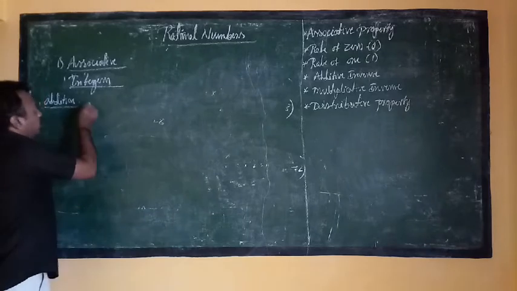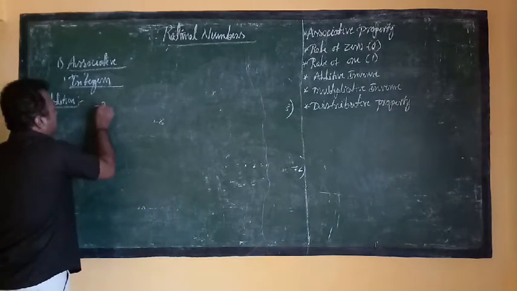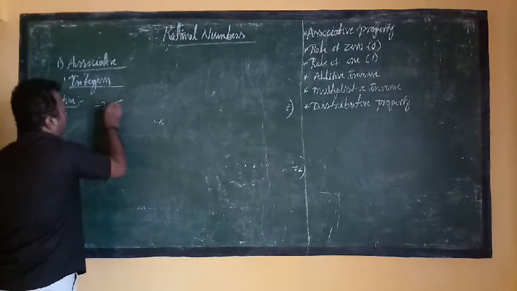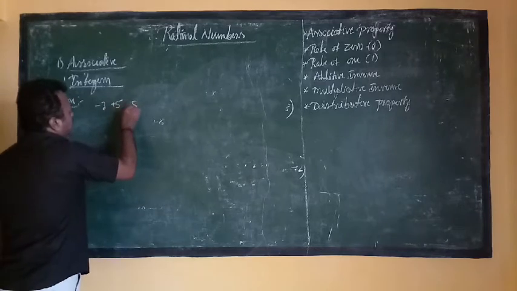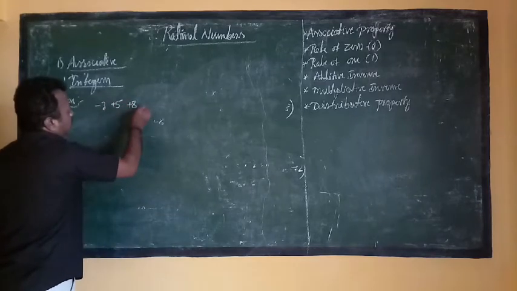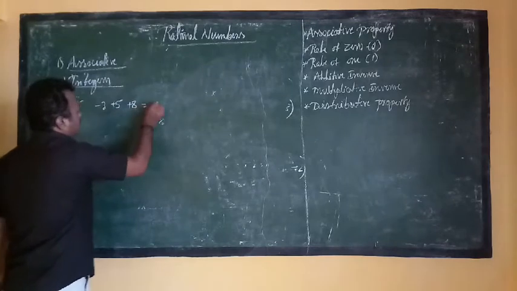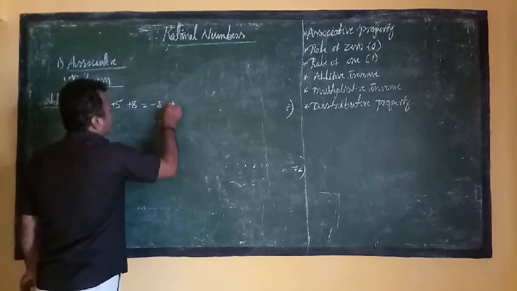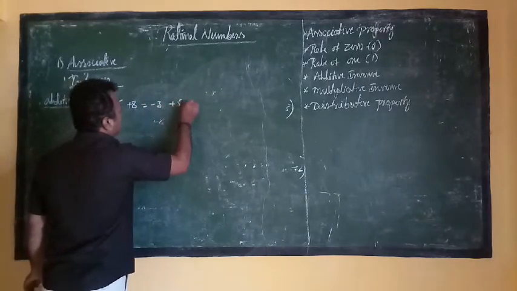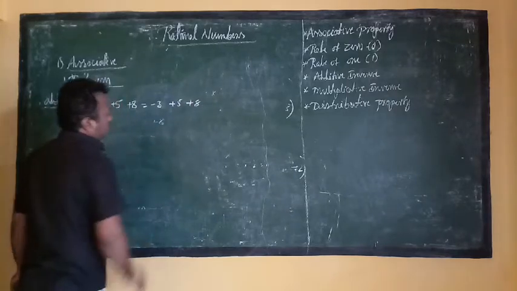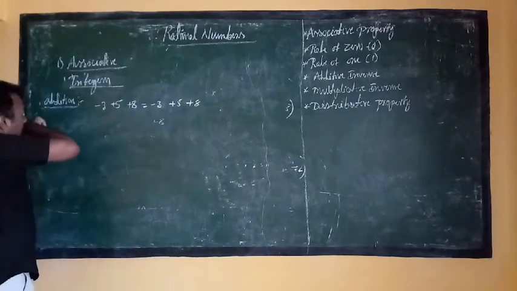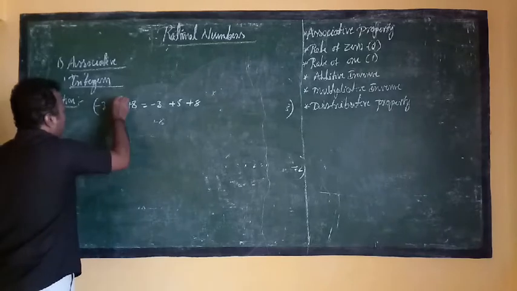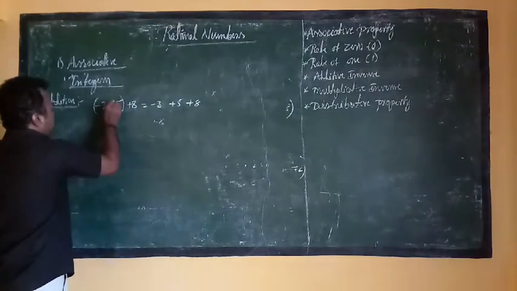Same procedure. So minus 3 plus 4 and then plus 8 I will take. It is equal to, here also, minus 3 plus 5 plus 8. In integers, first making the two groups over the addition.